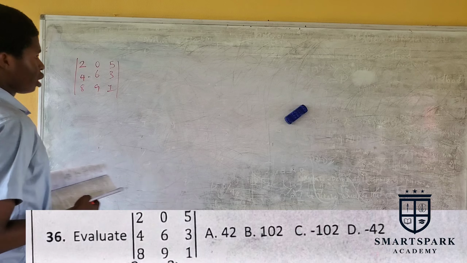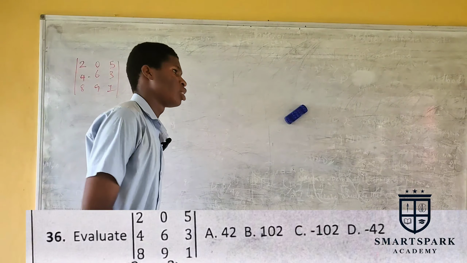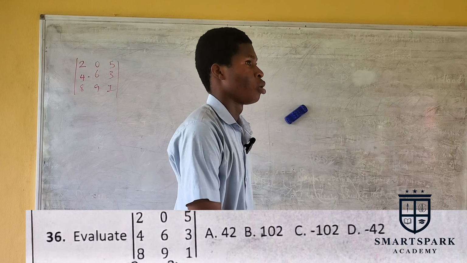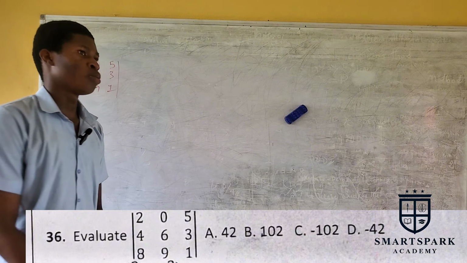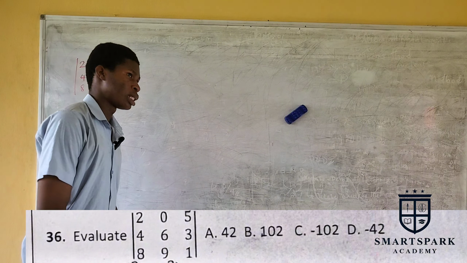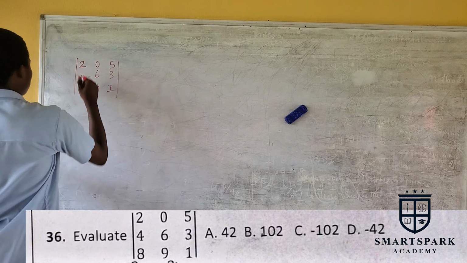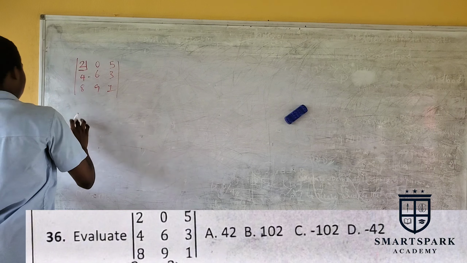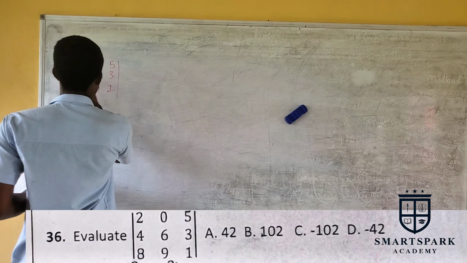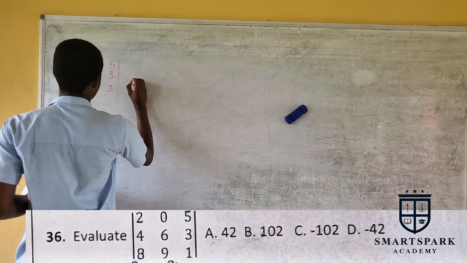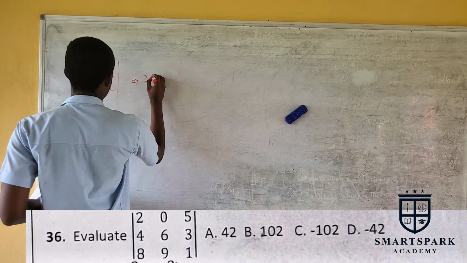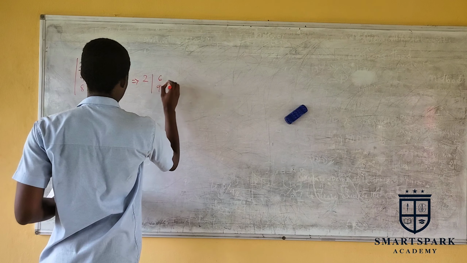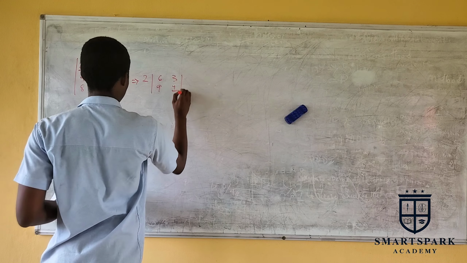Now this determinant is quite different from the matrix we are used to, so we are going to break it down into 2x2 matrices and assemble it back. We are going to take this first element, this one. Any number that falls in its row and column, we are not going to take. This is going to be 2 times the bracket 6, 9, 3, 1.